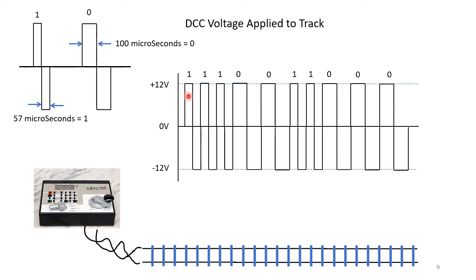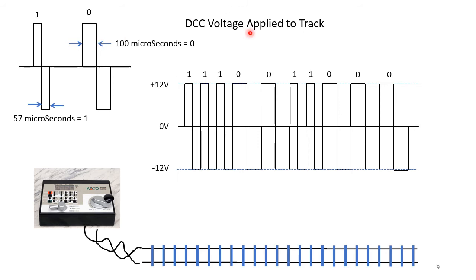If I want to send a digital 1, I send a plus 12 volt pulse followed by a minus 12 volt pulse, and the width of each pulse is 57 microseconds. If I want to send a digital 0 onto the track, I send another plus 12 volts followed by a minus 12 volt pulse, but this time the width of the pulse is 100 microseconds.